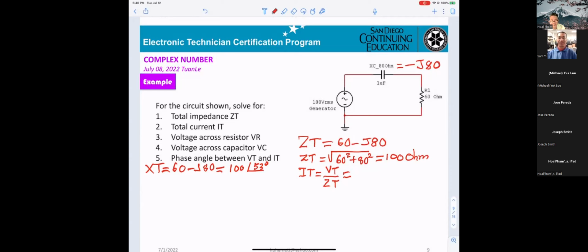It would be a negative 53 degrees. Minus 53, right? Yes. Okay, so you get that in phasor.